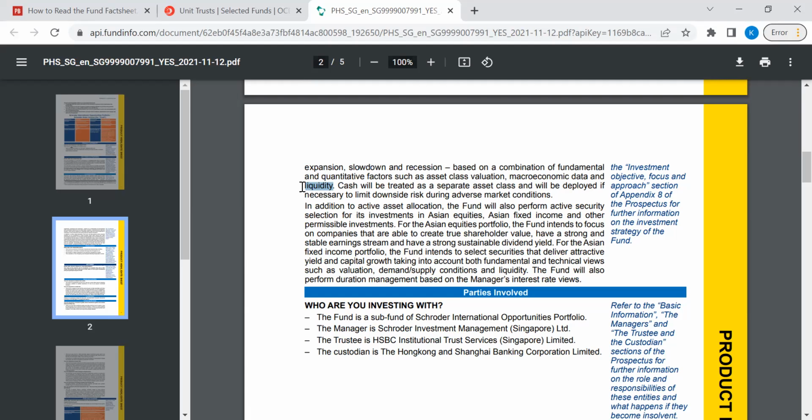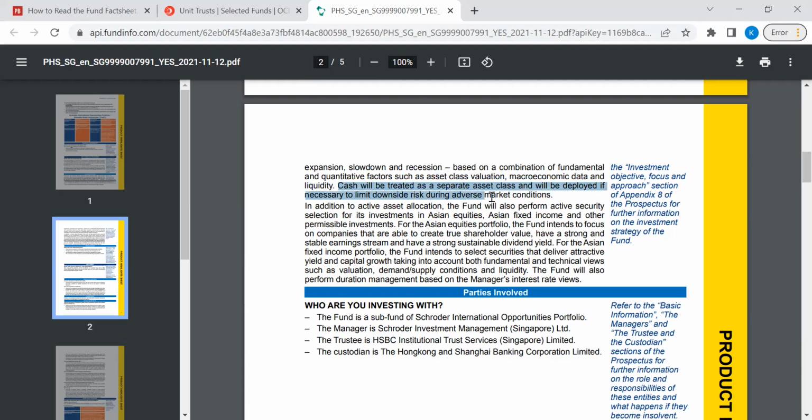Because liquidity just means how much cash people have. They can do margin trading. They can have leverage on their position. So when liquidity is high, it tends to create some kind of short-term bullish momentum for the market. But when liquidity is drying up, the market in the short term will be going down.